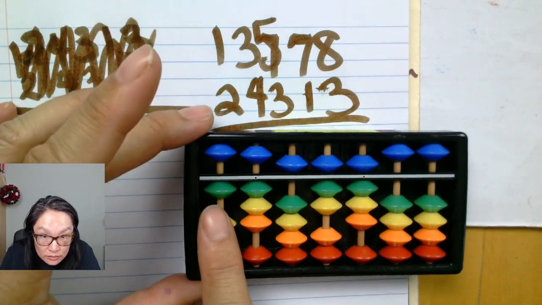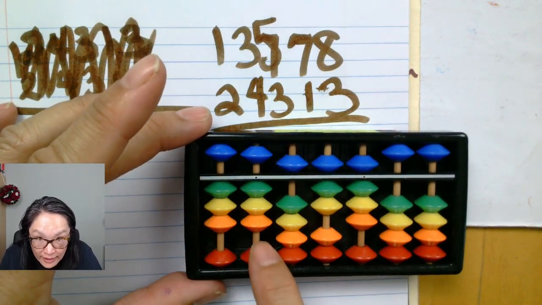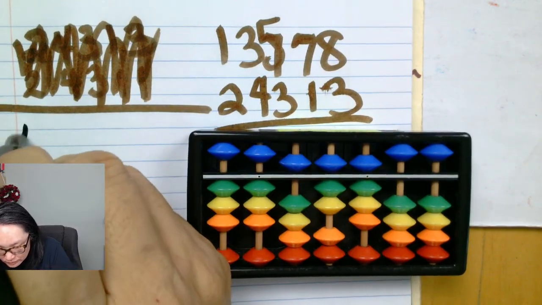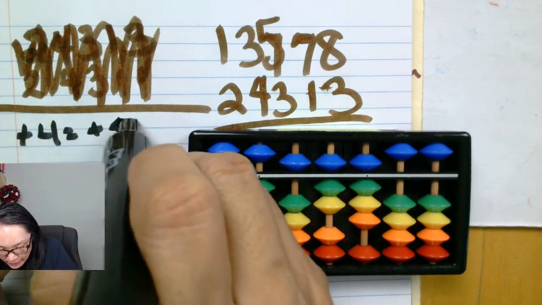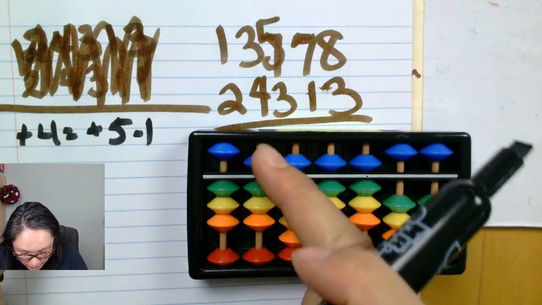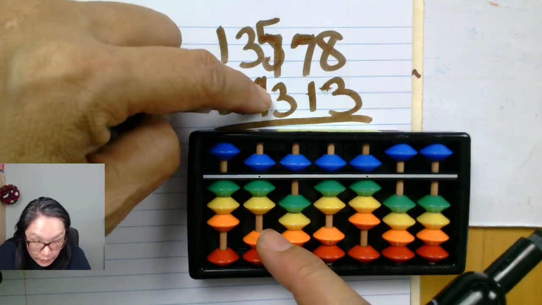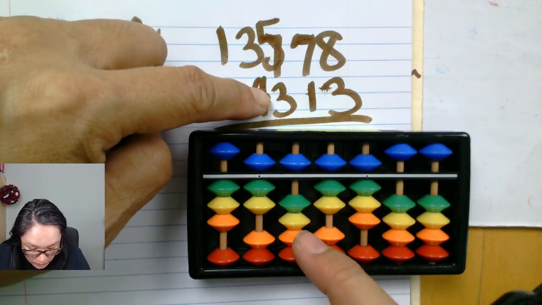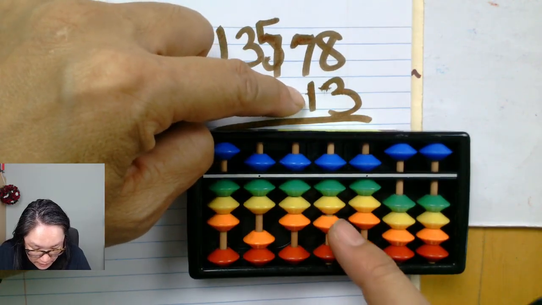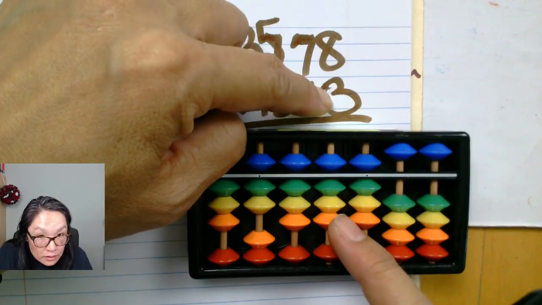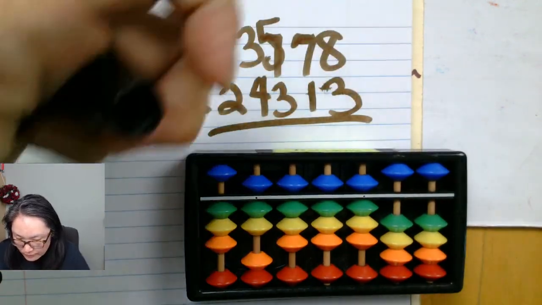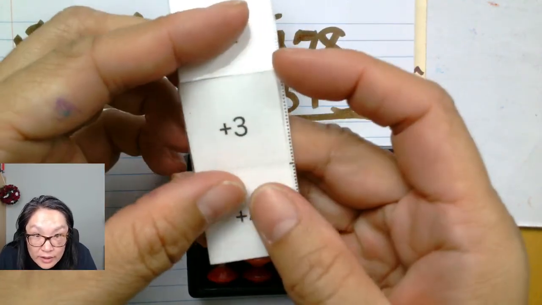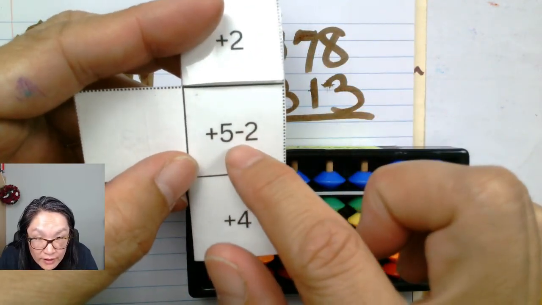Add the 2. Add the 4. We know how to add the 4: plus the 5 minus 1. And then we're going to add the 3. Yes, Joe, good. Add the 3. Add the 1. Can we add the 3? Plus the 5 minus the 2?